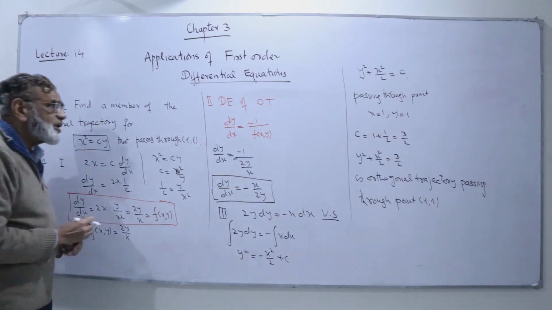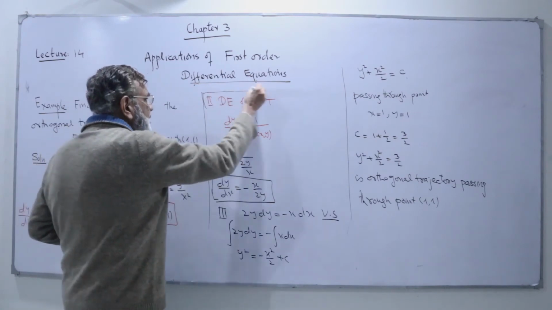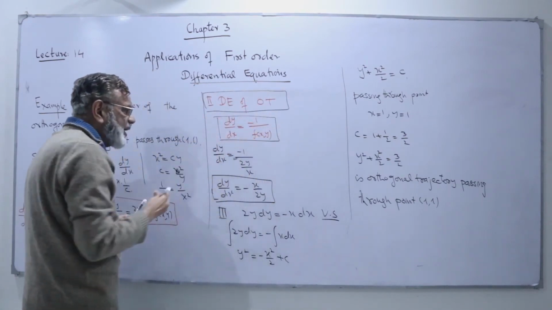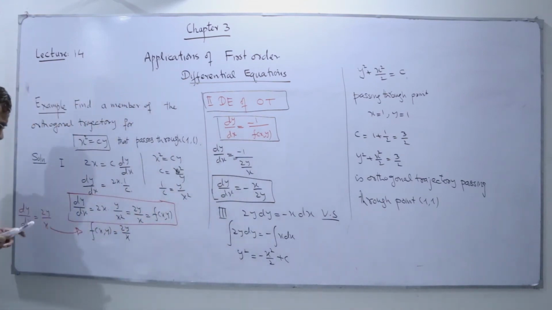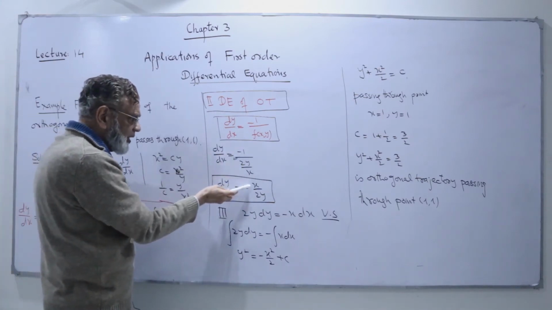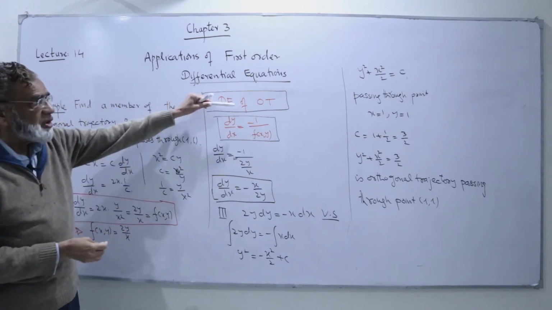The second step, very important, is to write the differential equation of the orthogonal trajectory, that is dy by dx is equal to minus 1 over f(x, y). My f(x, y) was 2y upon x. I just substitute, take the negative reciprocal, and get minus x upon 2y. This is my required differential equation of the orthogonal trajectory.